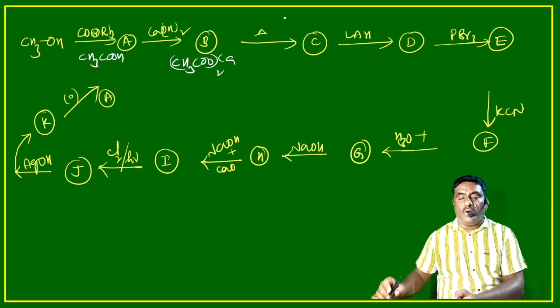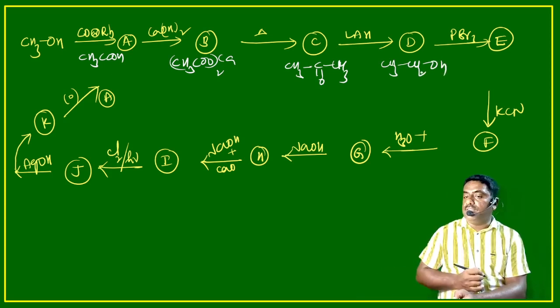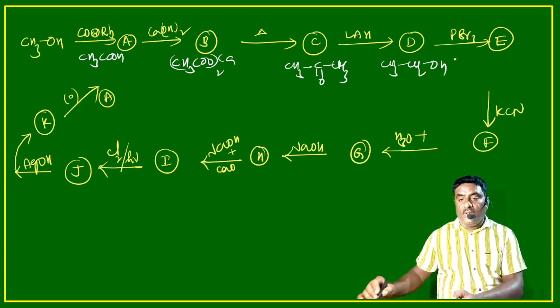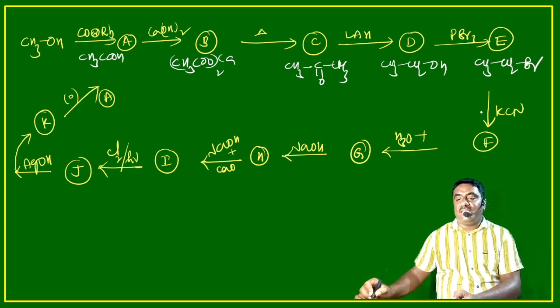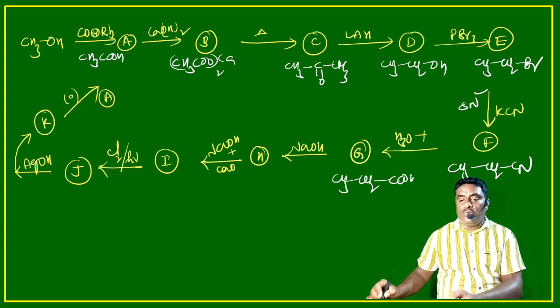When it is heated, acetone is formed, CH3COCH3. Reduction means it forms alcohol, CH3CH2OH. Alcohol in the presence of PBr3 forms CH3CH2Br. In the presence of KCN, it undergoes an SN2 reaction. It forms CH3CH2CN. When hydrolyzed, it forms CH3CH2COOH.